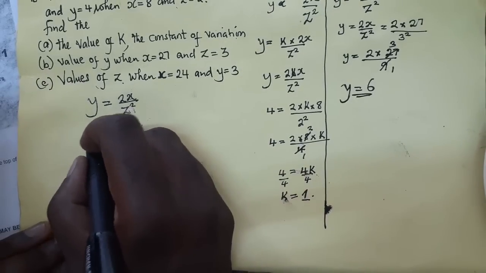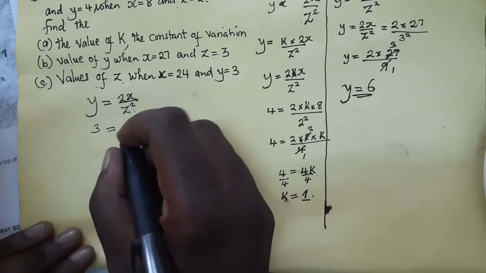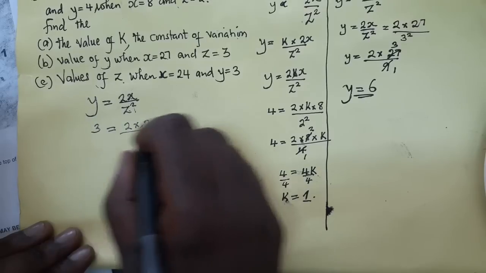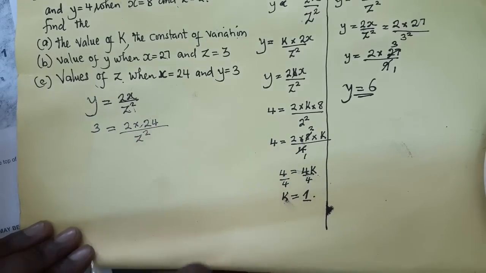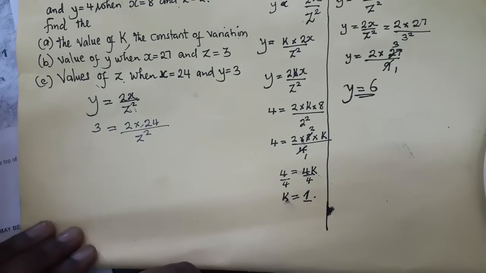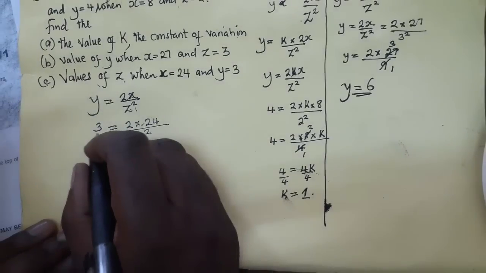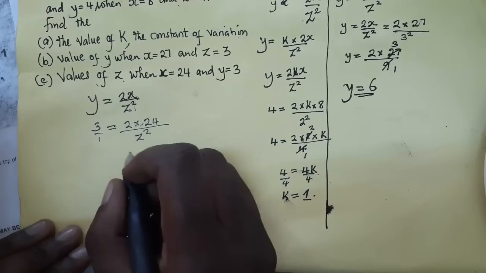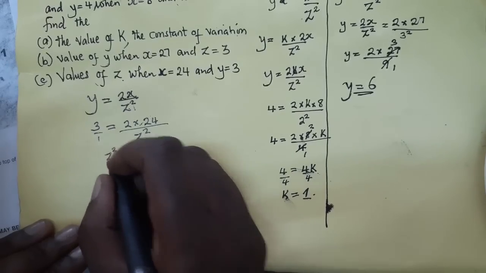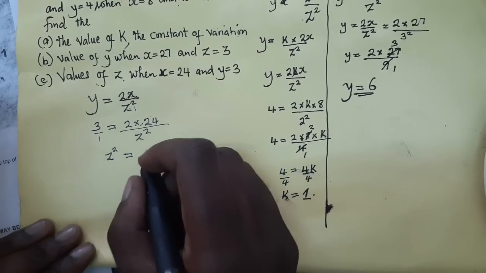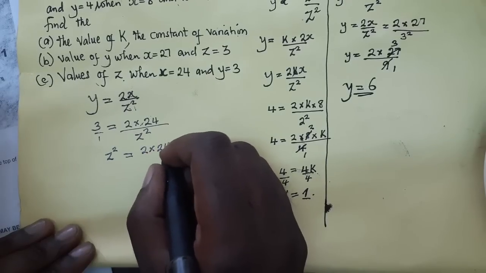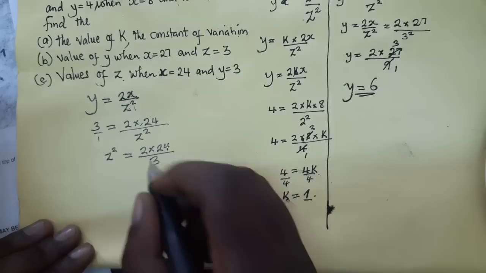So where there is y, I'm going to put 3, then 2 multiplied by 24 over z squared. Is that clear? So at this point, if I do cross multiplication, I'm going to have z squared is equals to 2 multiplied by 24 over 3.